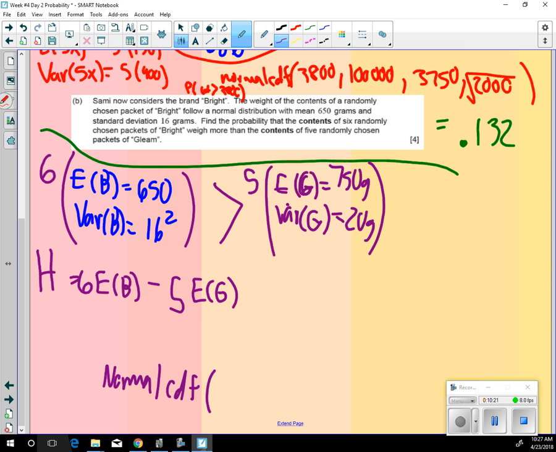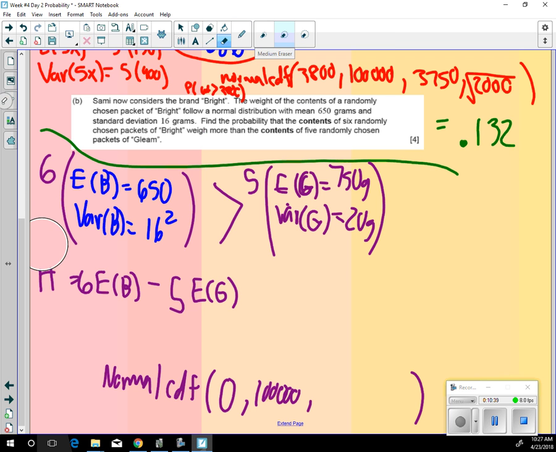We're going to start at 0 and go to 100,000 again because we want it to be greater than 0, right? We want to show these are greater than 0. And then we just need these two things again. So let's find the expected value of this H.